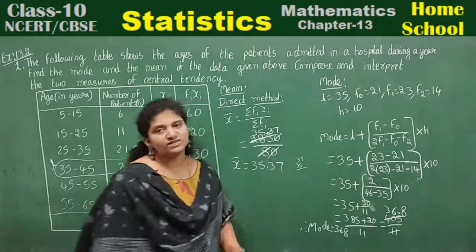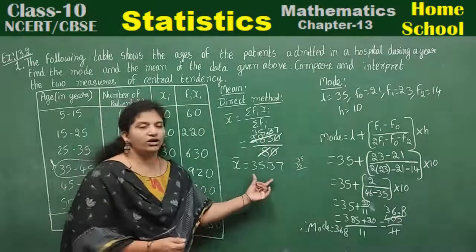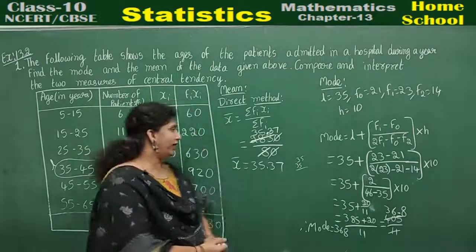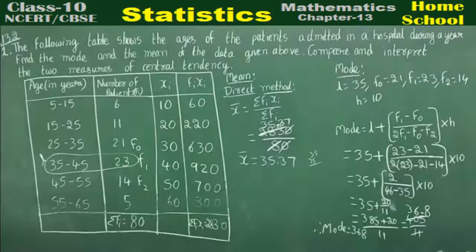Therefore, the measures of central tendency: mean is equal to 35.37 and mode is equal to 36.8. See children, they have asked us to compare and interpret the two measures of central tendency. We have calculated mean 35.37, mode 36.8 years. So when comparing, you can say that the maximum number of patients admitted in the hospital are of the age 36.8 years.